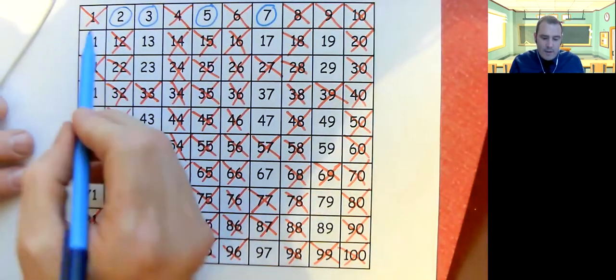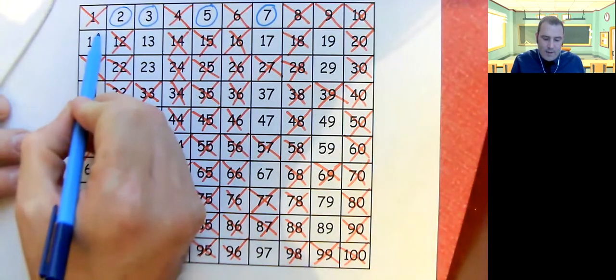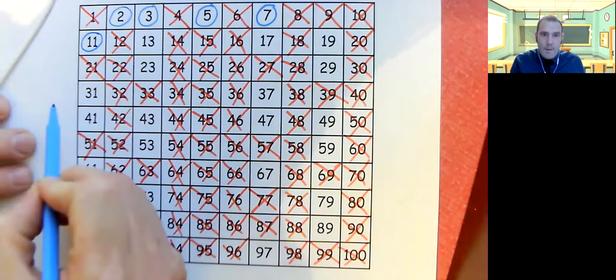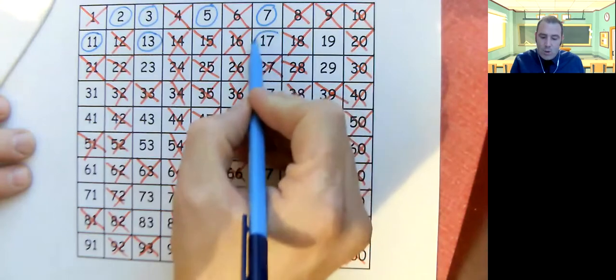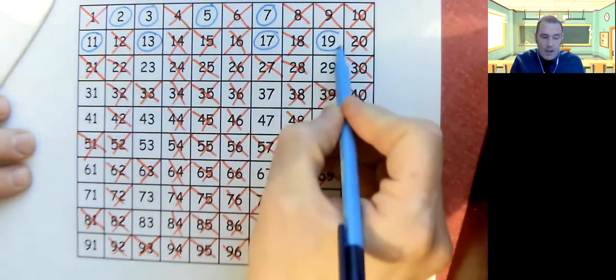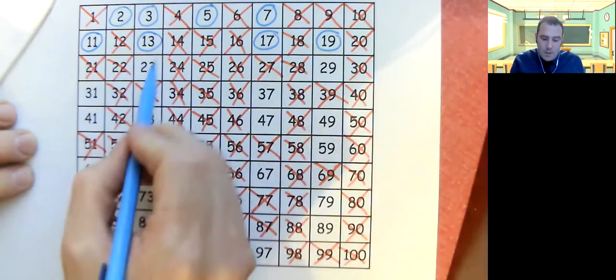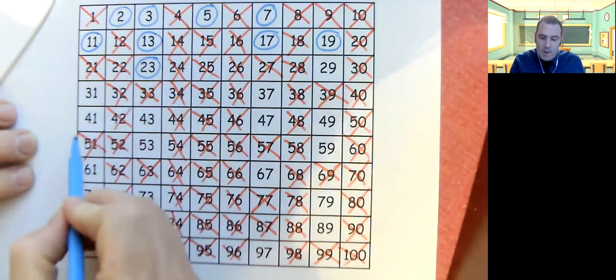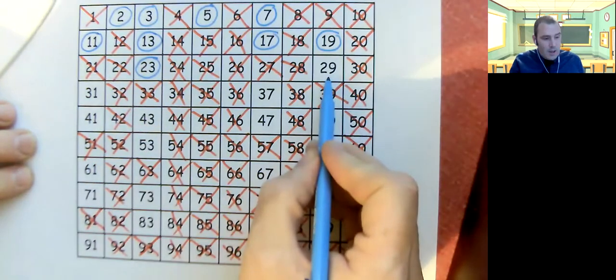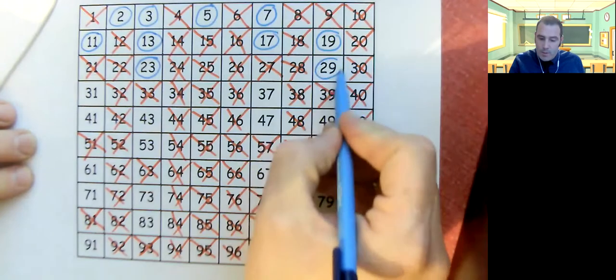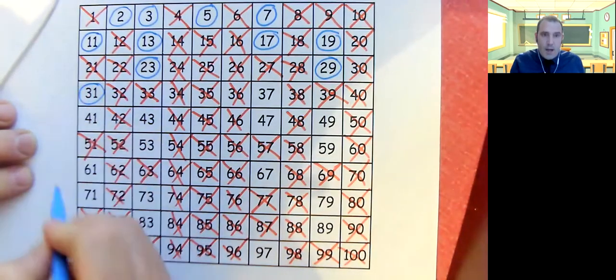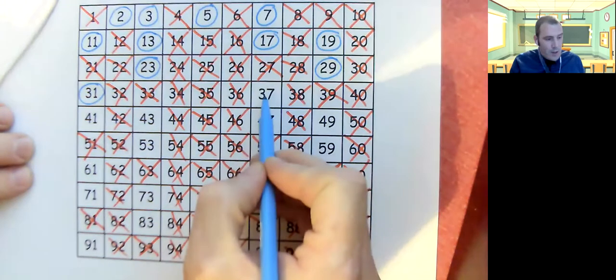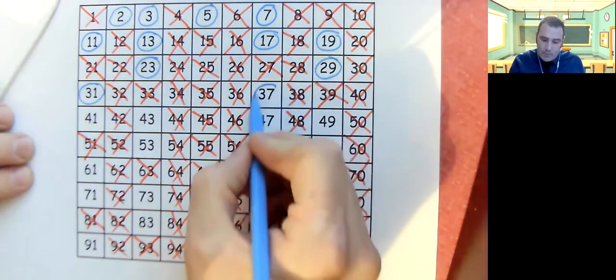So number 11, I know that doesn't have any other factors. Number 13 is the same. Number 17 is also the same. Number 19 is the same. 23, that's a prime number. 29 is also a prime number. 31 is another prime number. 37.